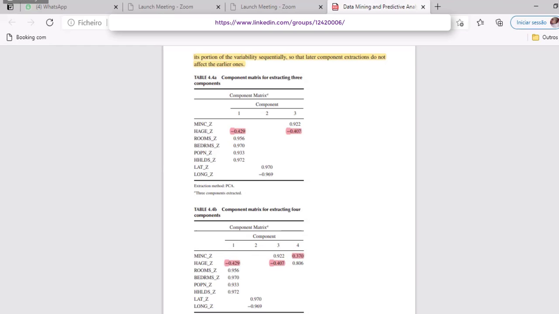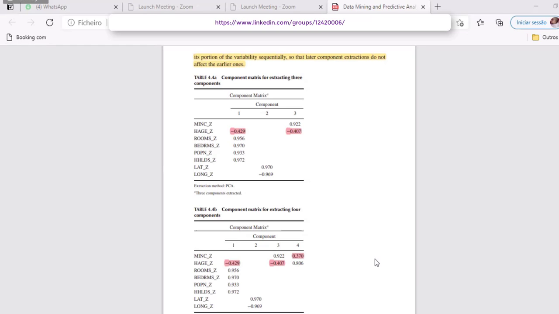So it depends on the literature of the study whether the age is important or not. So if the analyst decides that the age is not very important, he can remove component number 4 and keep only the first 3 components.